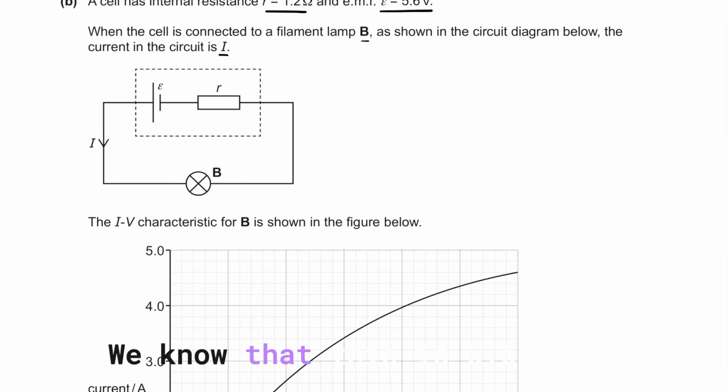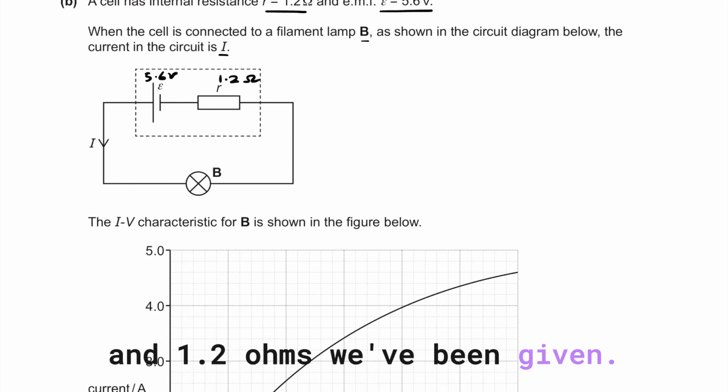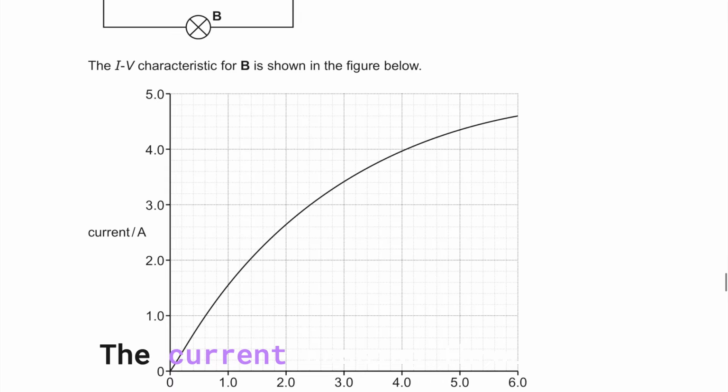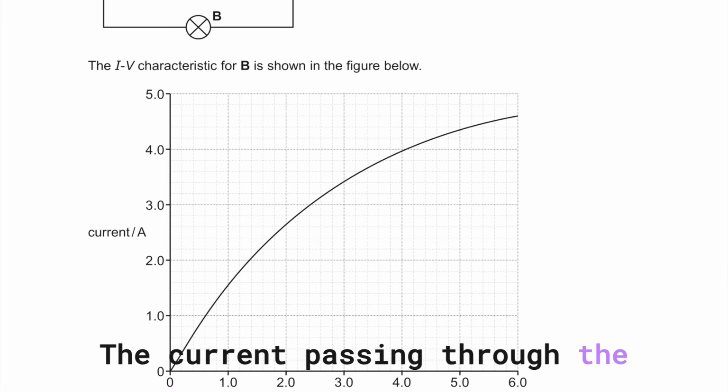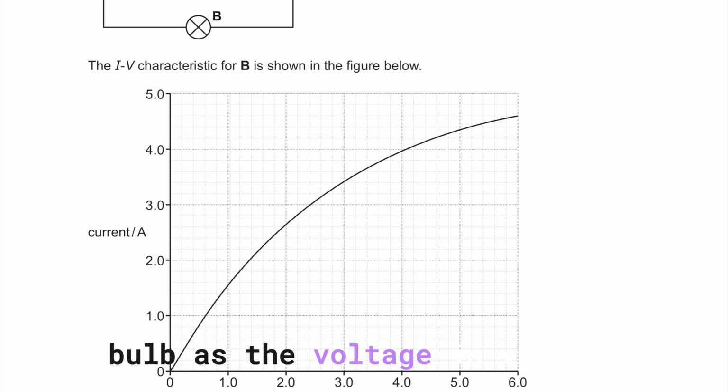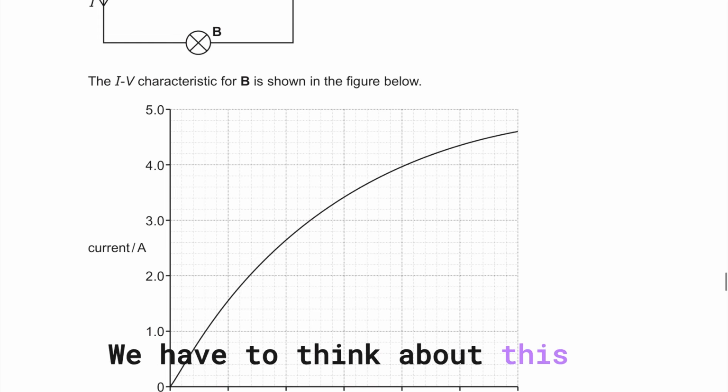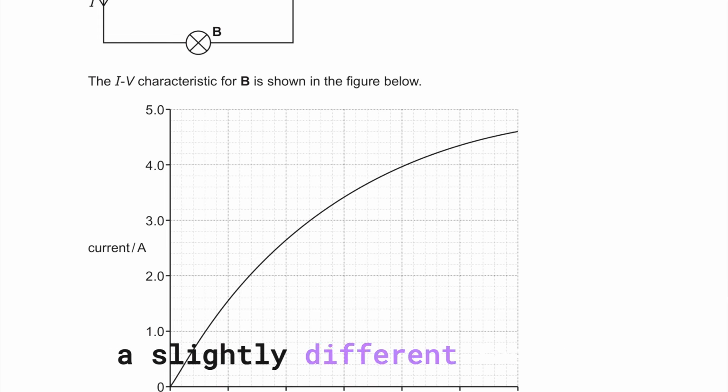We know that this is 5.6 volts and 1.2 ohms. We've been given the current passing through the bulb as the voltage is varied. Okay, so that is not the same as the current going through the circuit. We have to think about this in a slightly different fashion.